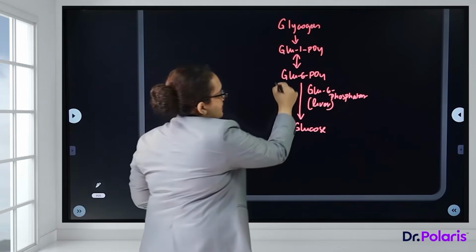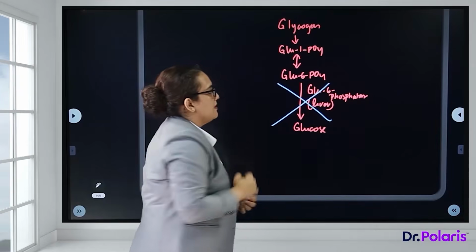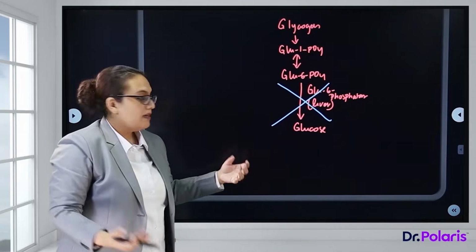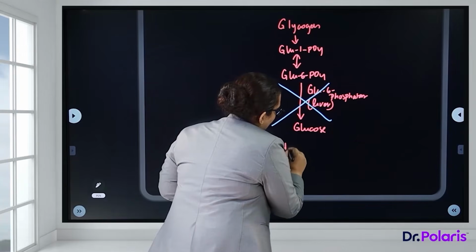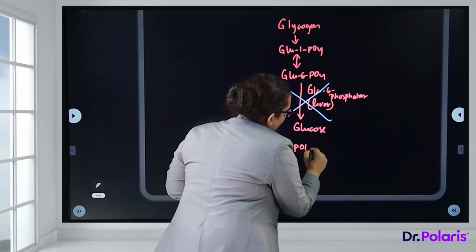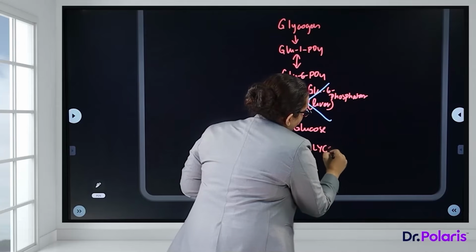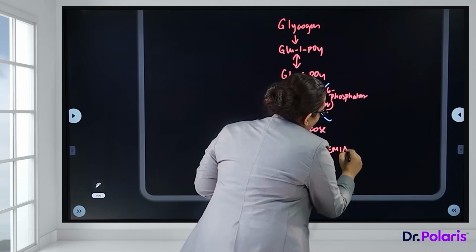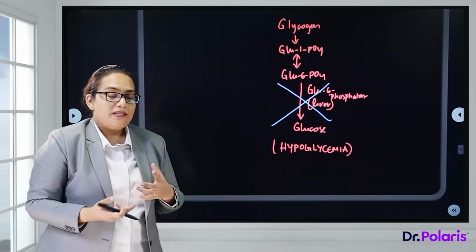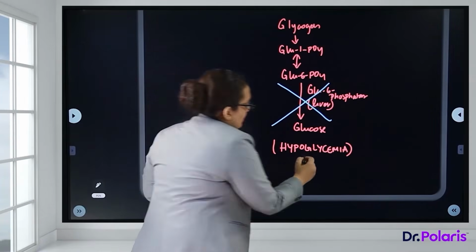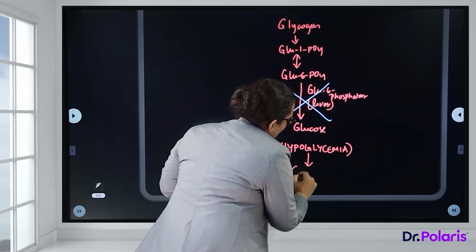So you won't have this reaction occurring in the first place. And since the reaction doesn't happen, glucose is not formed, and hypoglycemia occurs. Now, when hypoglycemia occurs, the pancreas is stimulated to release a hyperglycemic hormone, that is glucagon.